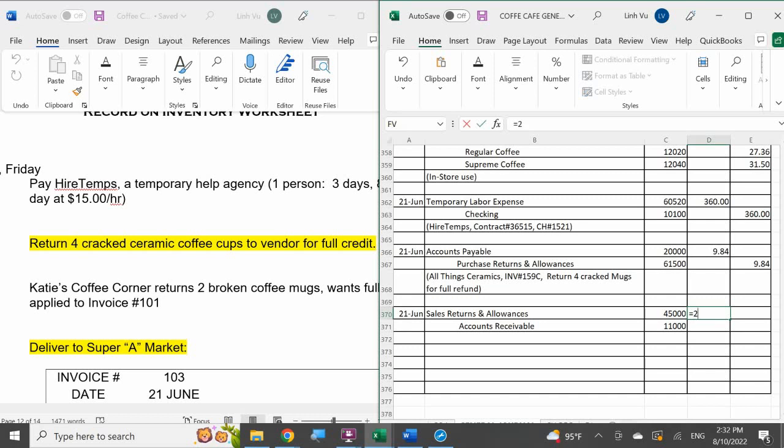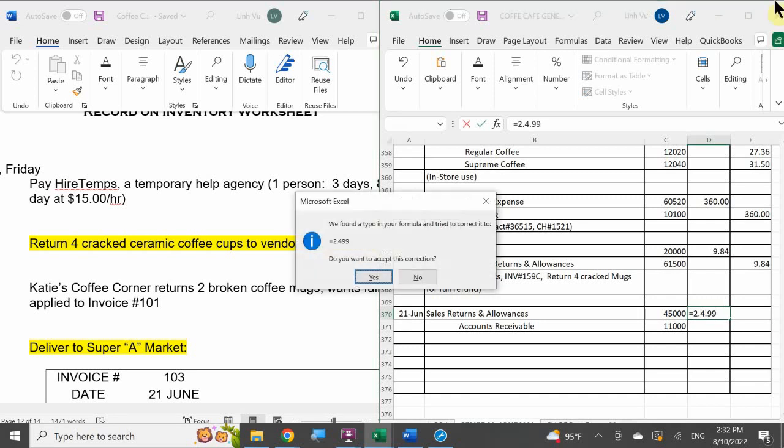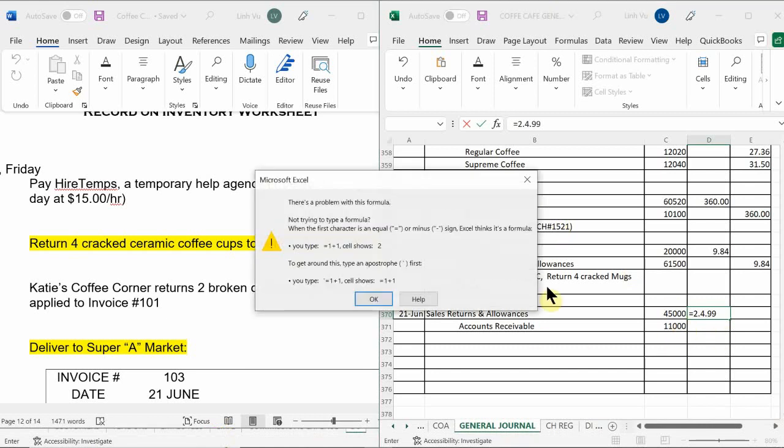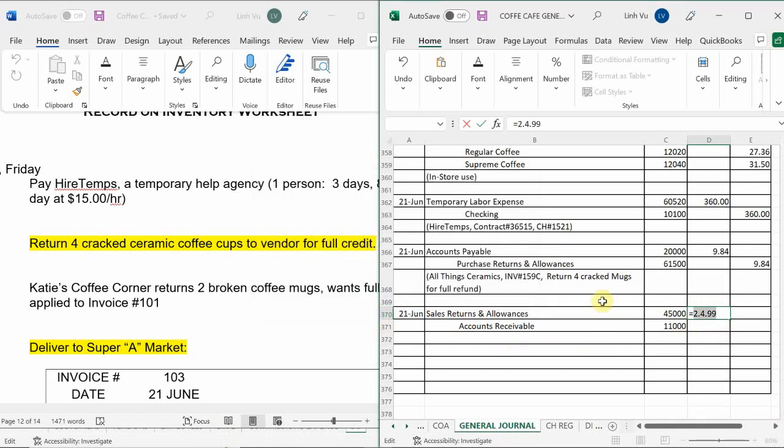So you could do 2 times the $4.99, and you're going to get $9.98.